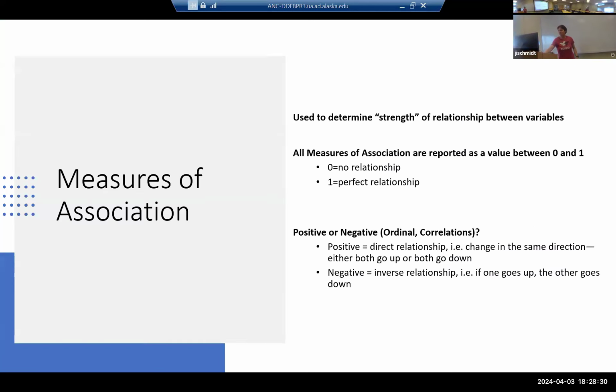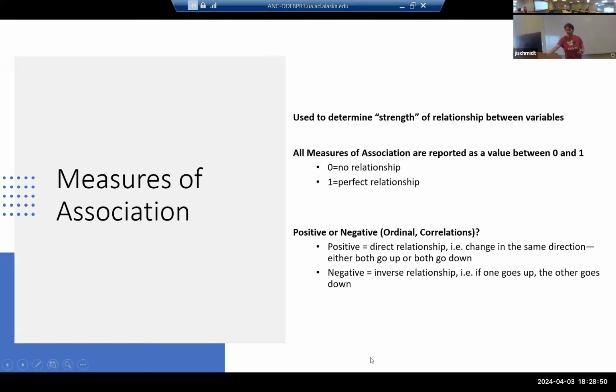Okay? So you can get positive or negative for ordinals, or when you're doing correlations with scale or ratio variables, number variables, but not with nominal.